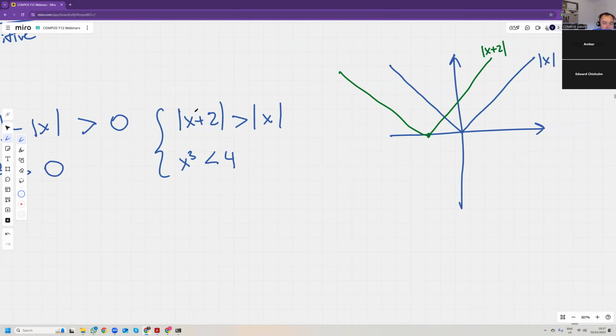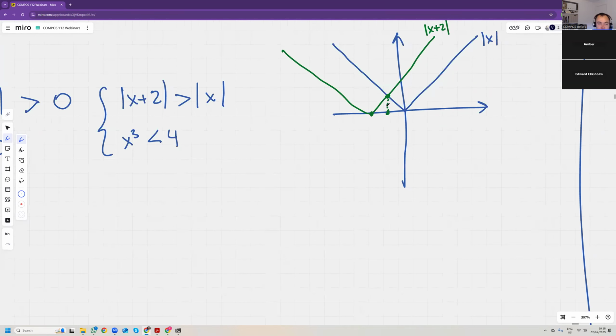So the question is, where is modulus of x plus 2 greater than modulus of x? And the answer is, it's from this point, which is where they are equal. So that's where x minus x equals x plus 2. So 2x equals negative 2, x equals negative 1.